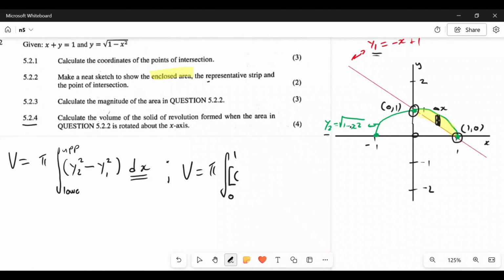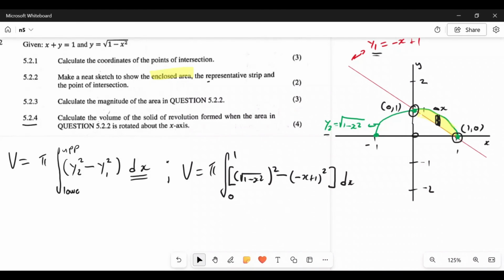Remember our y2 is the green graph there, which is root of 1 minus x squared, then we have squared there, minus y1 squared. Remember, y1 is negative x plus 1, and let's not forget we square it there. And then dx. When you say dx, it means it rotates about the x-axis.